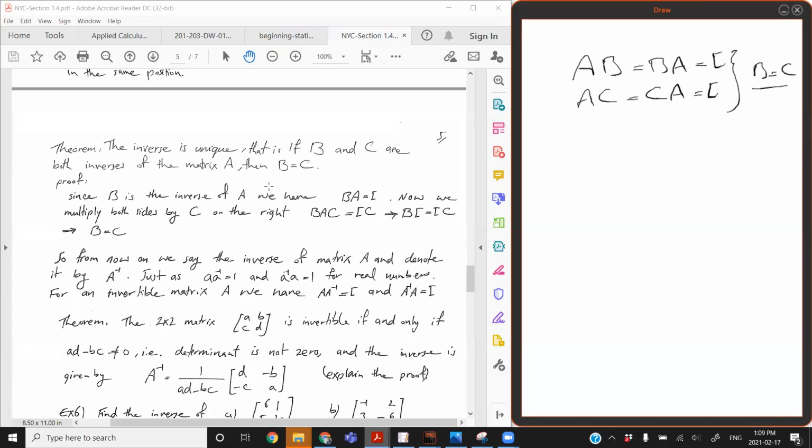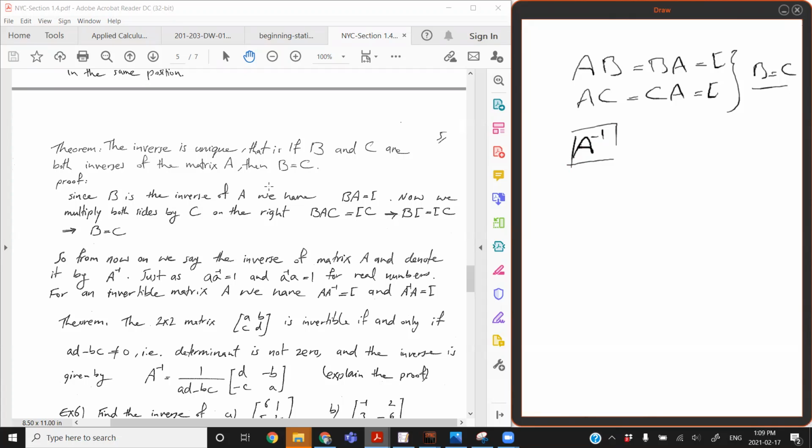So in other words, you can say that the inverse is unique. And since the inverse is unique, we can have a certain notation for that. We can denote the unique inverse with A to the power of -1, A inverse.